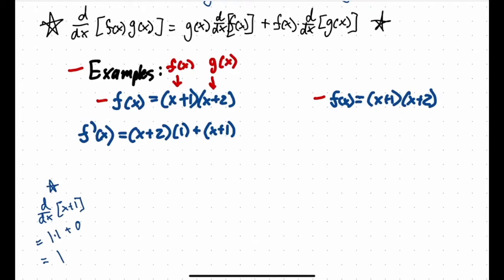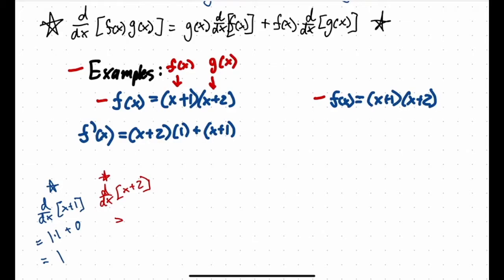And so the derivative of g of x is very similar to what we talked about before, right? d over dx of x plus 2 is just equal to the derivative of each of the terms because it's an addition, and we've already proven that the derivative of the addition of two functions is equal to the addition of each of their respective derivatives.